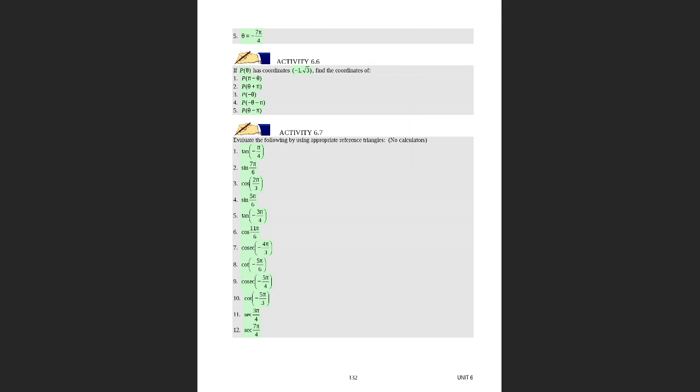Now, our next one, we have this. We are still going to use this one as our yardstick, where here is our theta. And it says theta minus pi. That means that it will go in the clockwise direction 180 degrees, and it's going to come here.